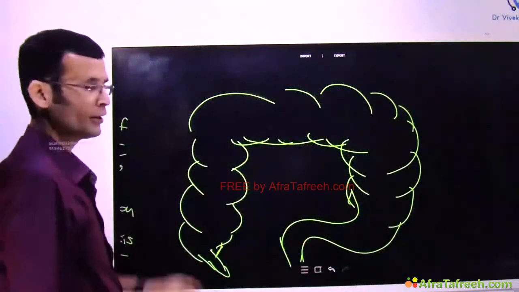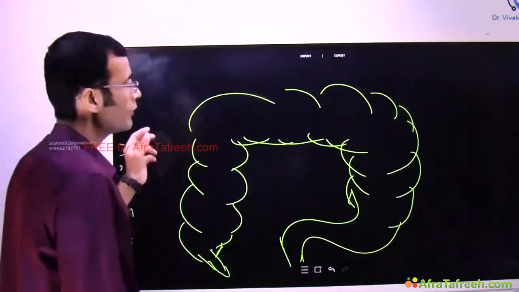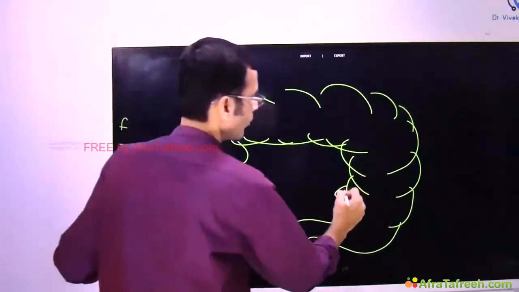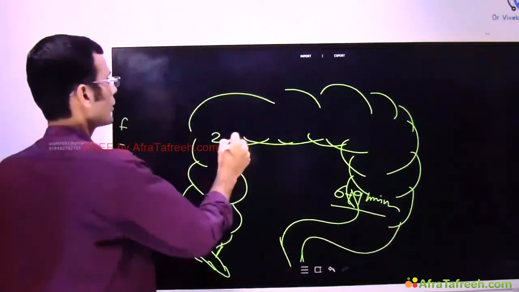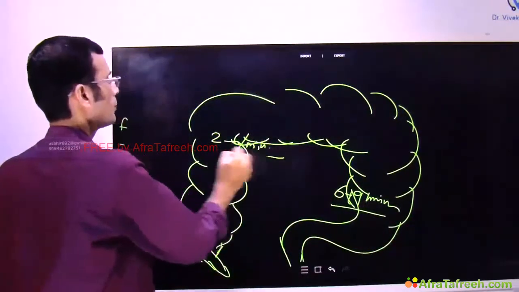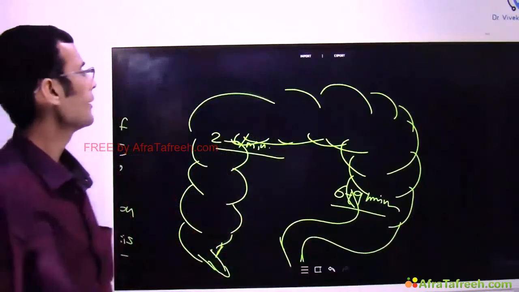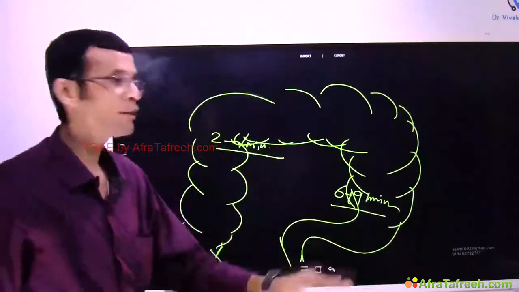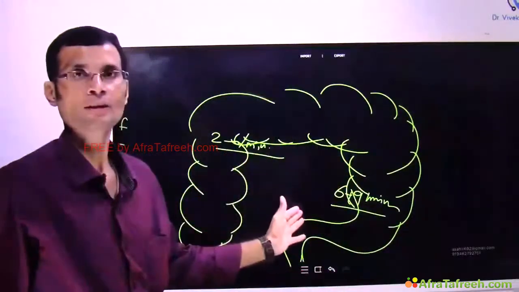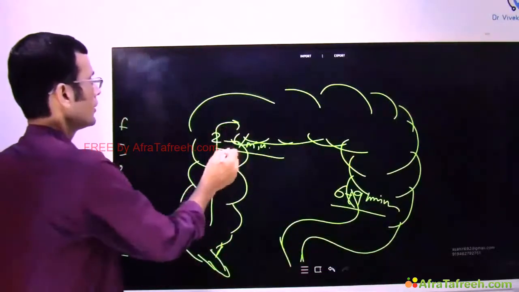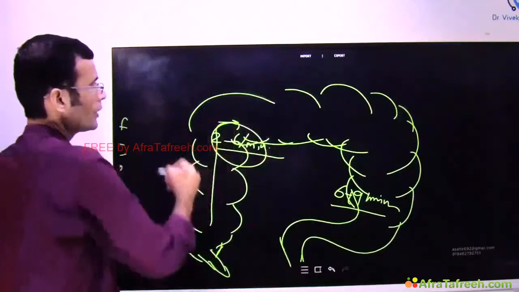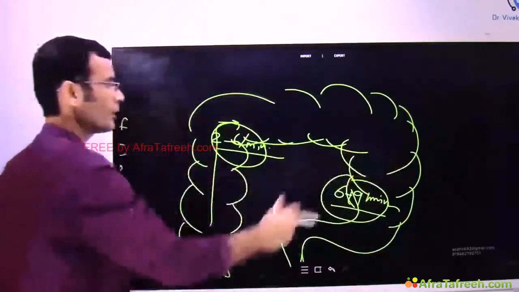But over here, the frequency in the sigmoid would be 6 to 9 per minute, and in the ascending colon it is 2 to 6 per minute. The point that I am trying to make is that this is a reversed gradient of BER. The BER frequency is less over here and more in the later part.